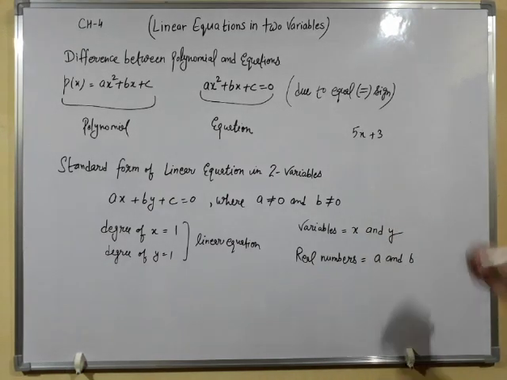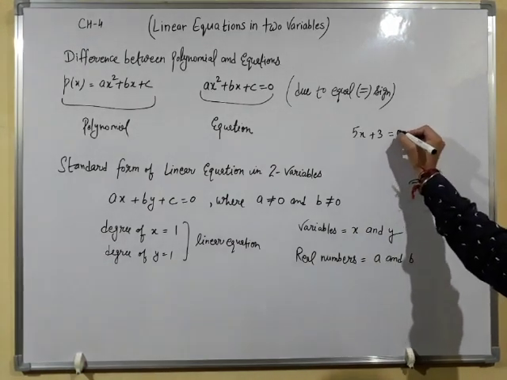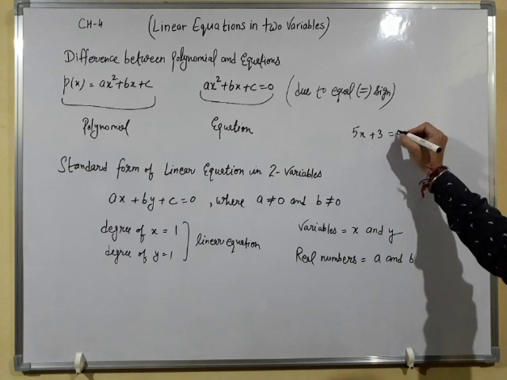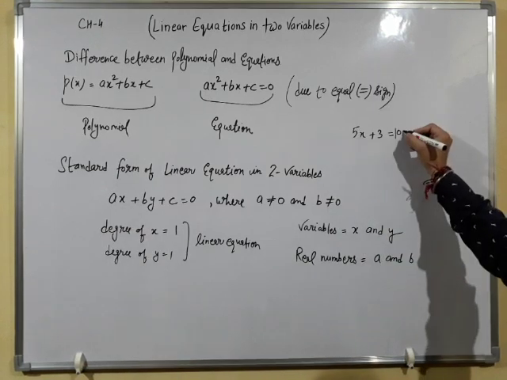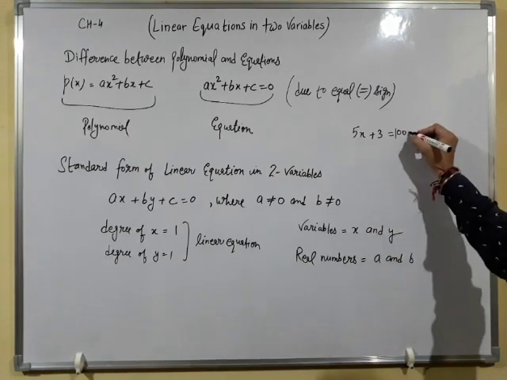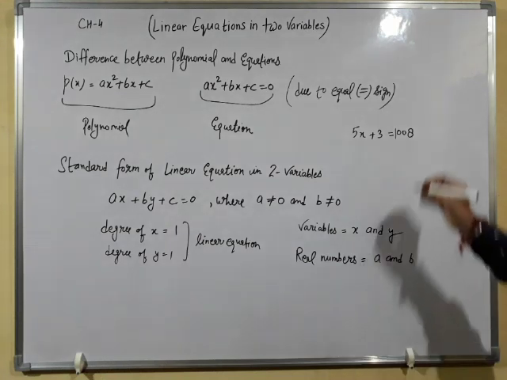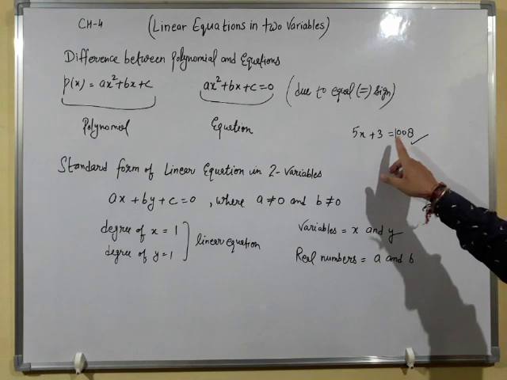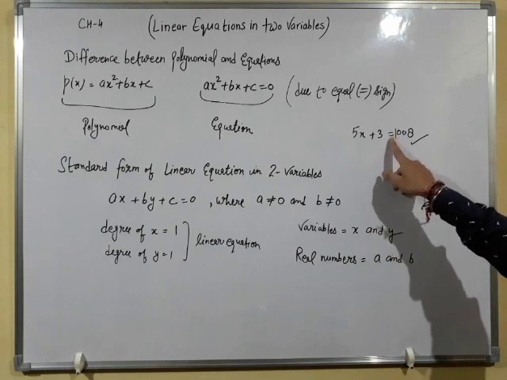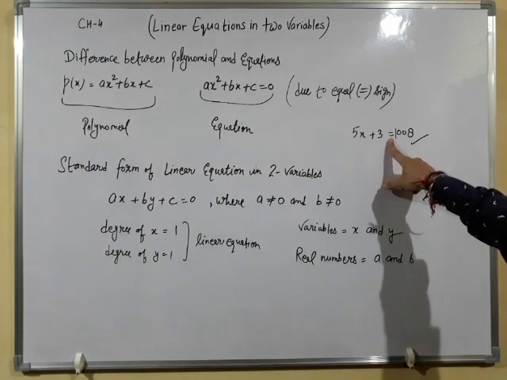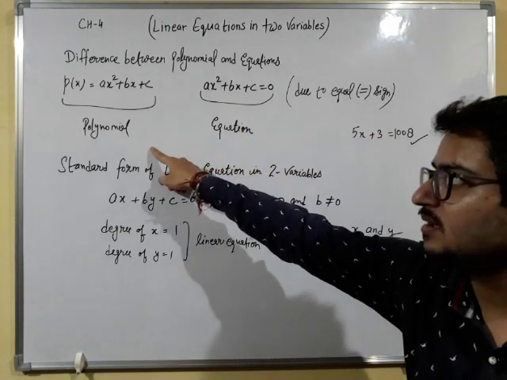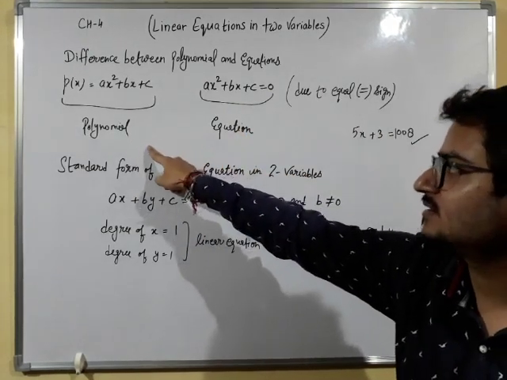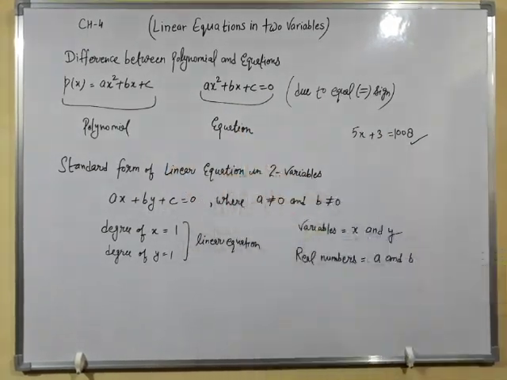But when we put this equals to 0 or 10 or 100 or 1008, then it becomes an equation. So the equal sign converts any polynomial or any algebraic expression into an equation.